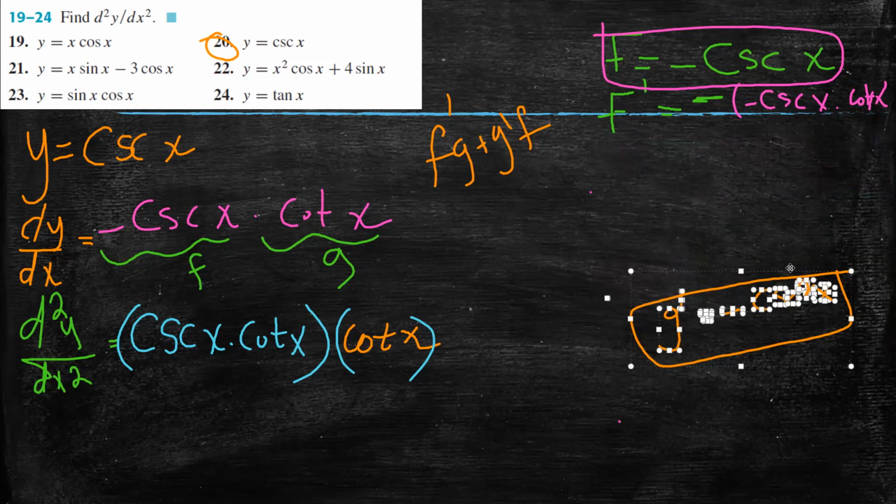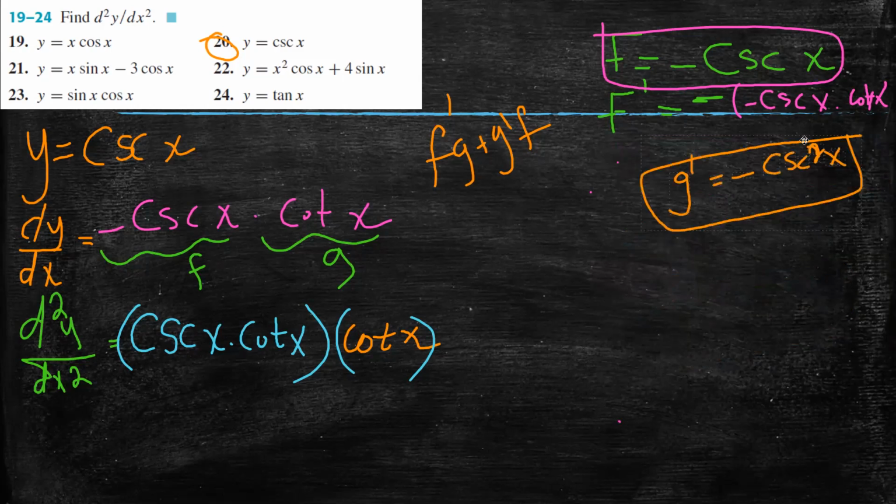Now then, plus g prime. Where's g prime? Negative cosecant squared x times f. Where's f? Negative cosecant x. This is f.